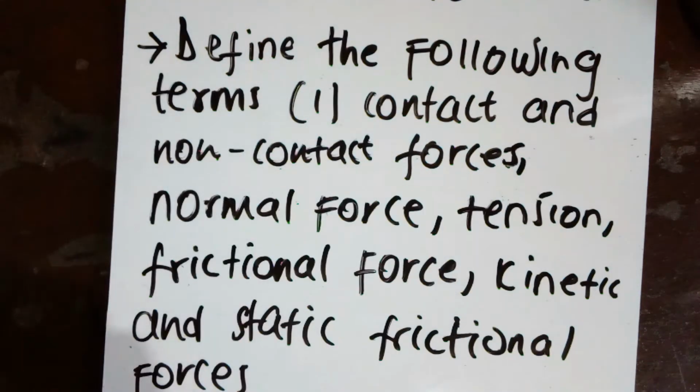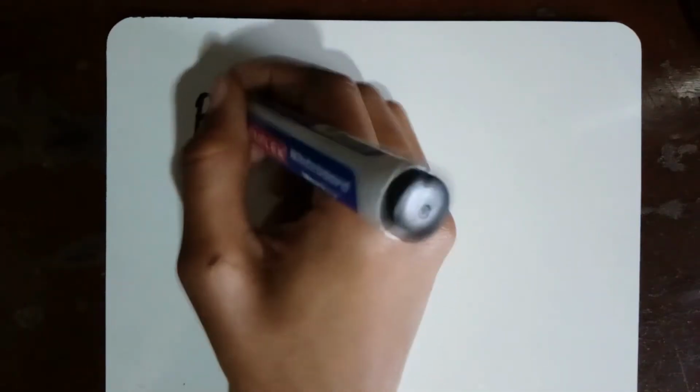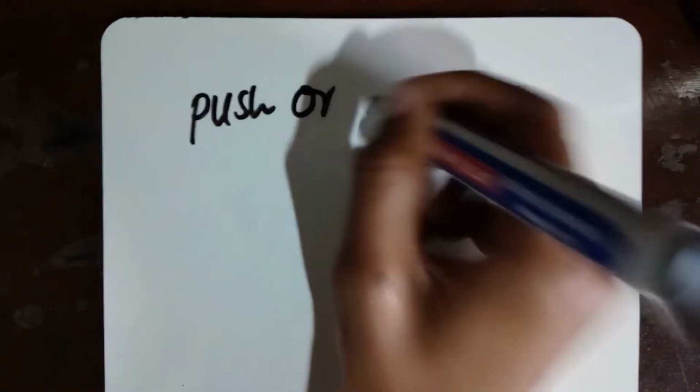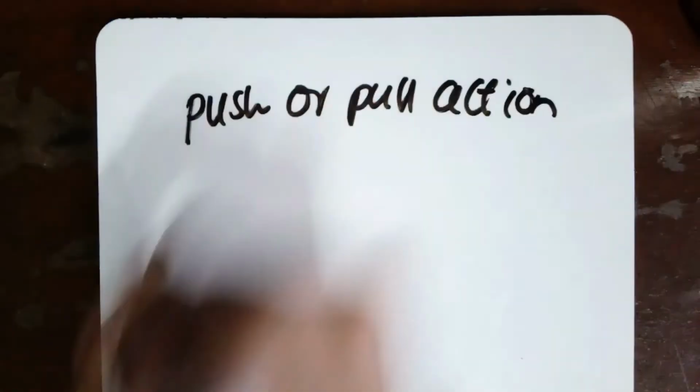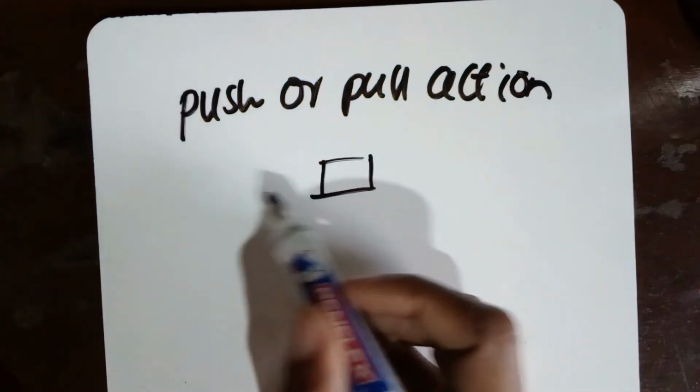So let us start by defining what we mean when we talk about a force. A force can be defined as a push or pull action exerted on an object. Let's say you have an object, you may decide to push it.